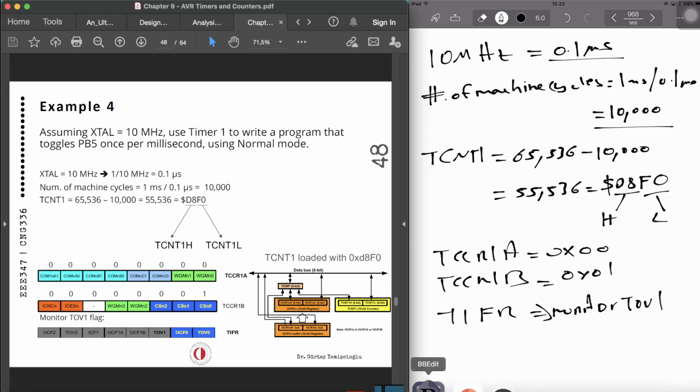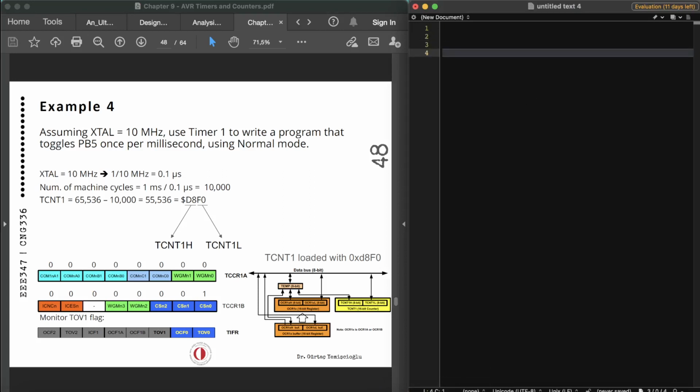Okay, so let's write the code for it. Once again, .include m128def.inc. So let's use delay 1 millisecond as a subroutine.